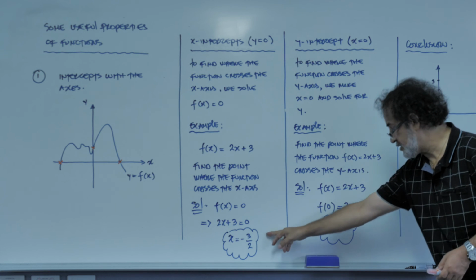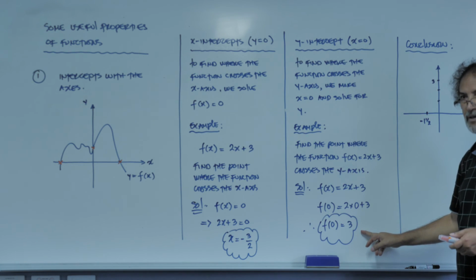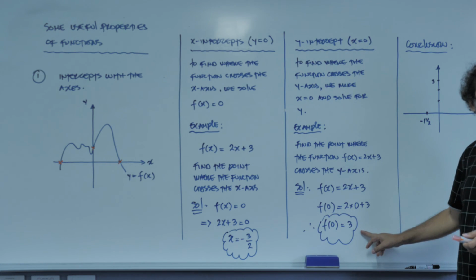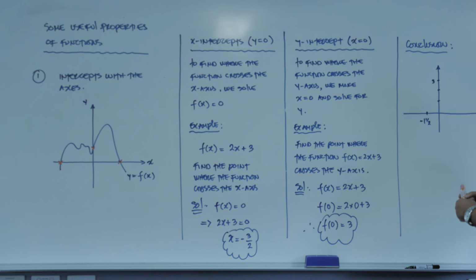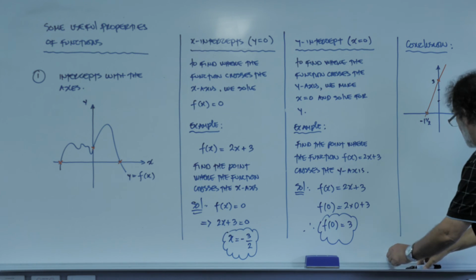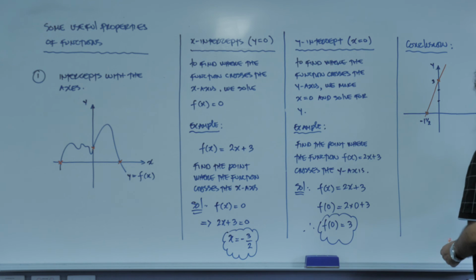And if you know these two things, which are in this case very easy to work out, then you can easily sketch the function. So you know that it's going to go through these two points. That's it. And then normally we put the name of the function at one of the ends.